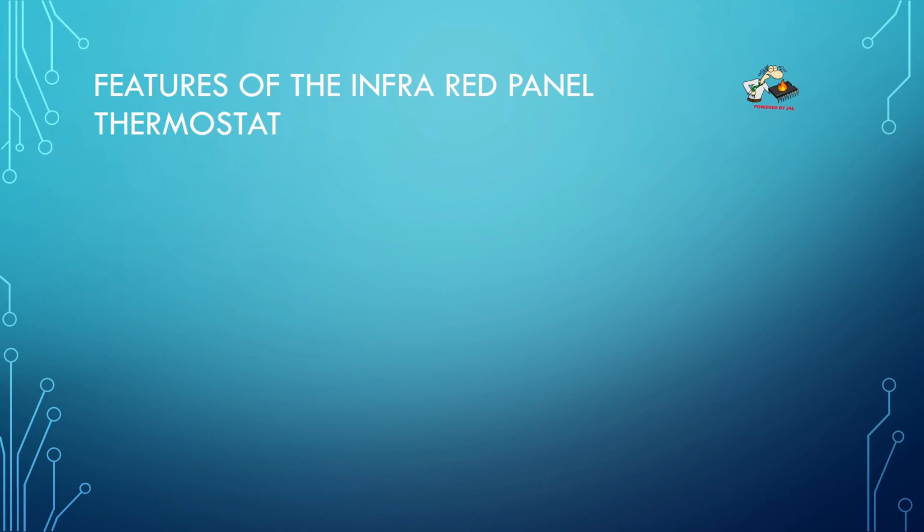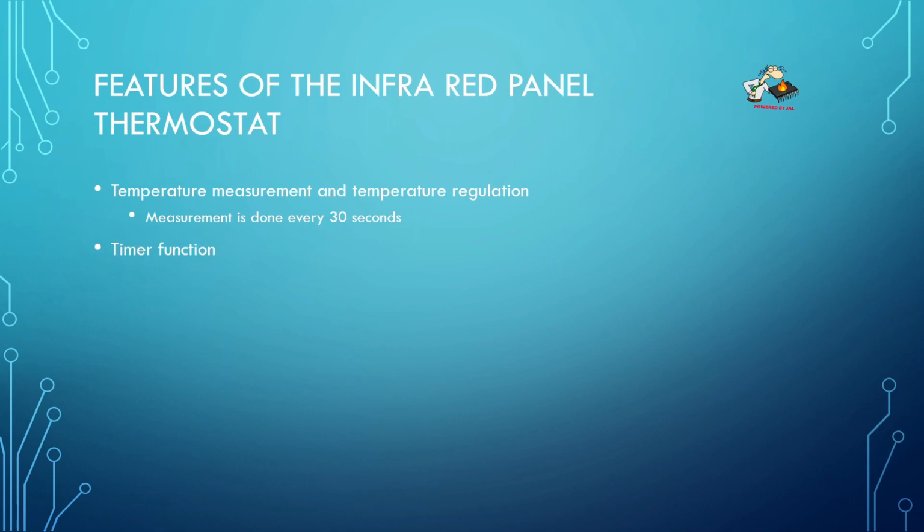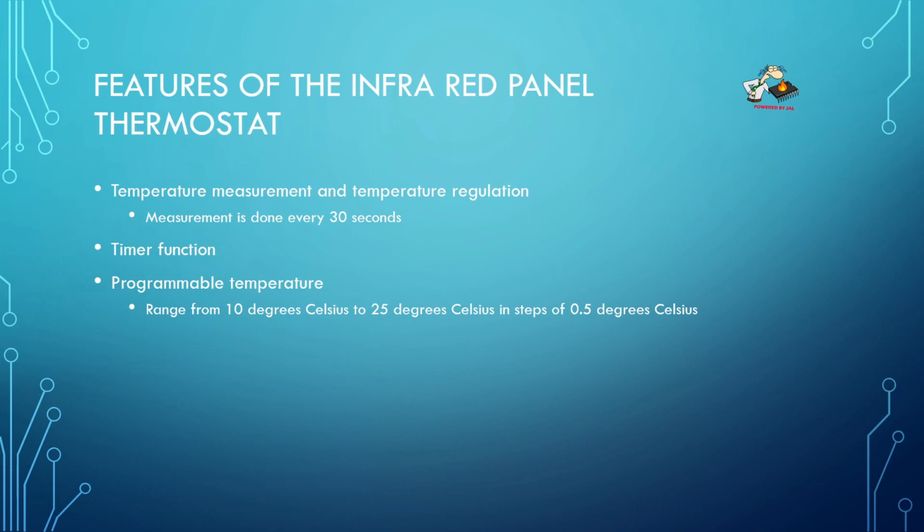So what are the main features of this infrared panel thermostat? Of course it does the temperature measurements, but it also does temperature regulation. And the measurement is done every 30 seconds. Then there is a timer function, and the temperature is programmable, and the range is between 10 degrees Celsius and 25 degrees Celsius, in steps of half degrees Celsius resolution.